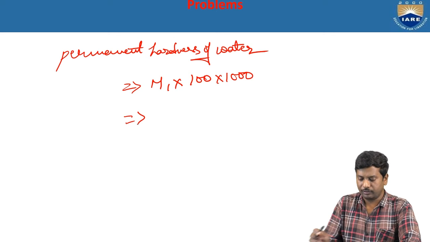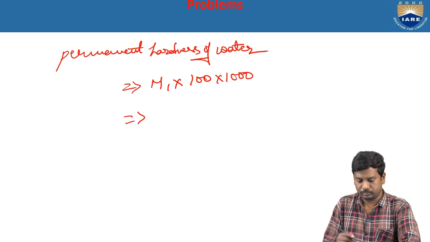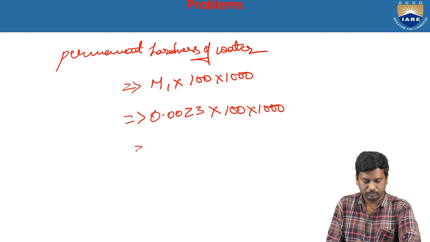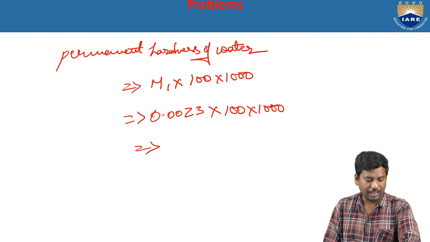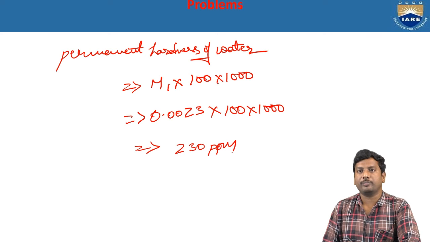So that means 0.0023 into 100 into 1000. Now the value is equal to 230 ppm. So this is the solution for model problem 2.